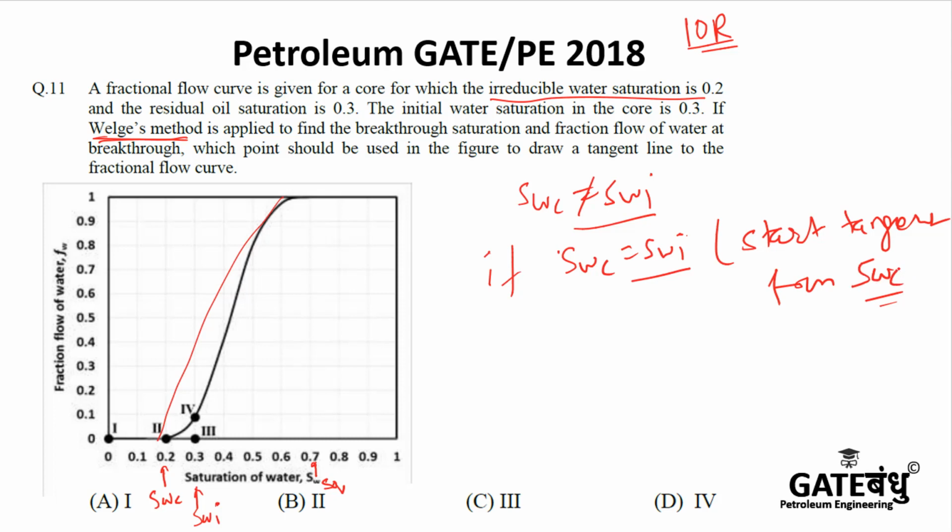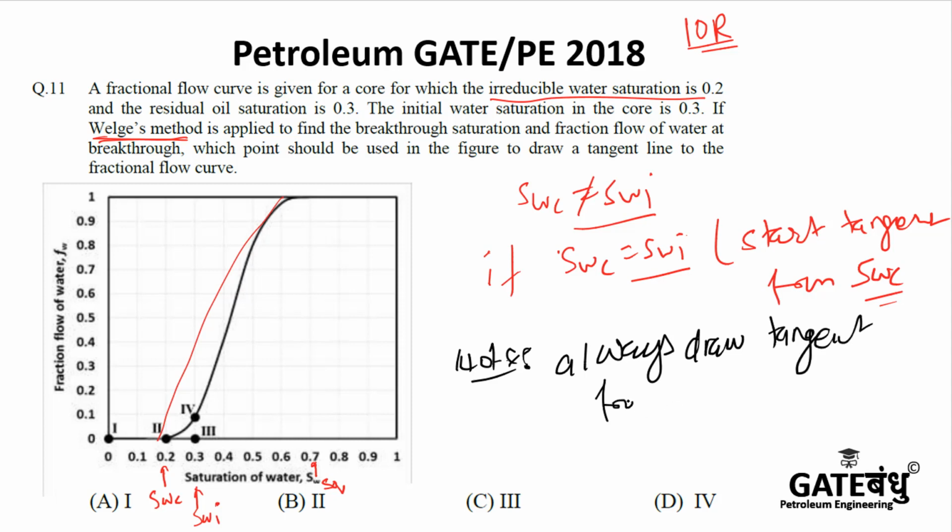The notable point here is to always draw the tangent from the corresponding point on the curve, and I get that corresponding point on the curve from SWI, not SWC.